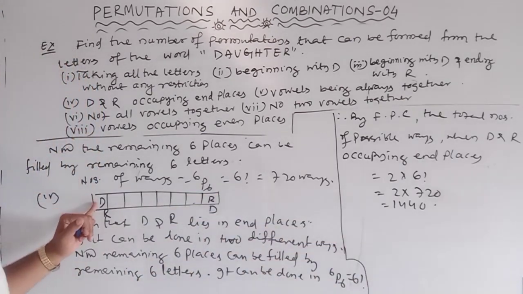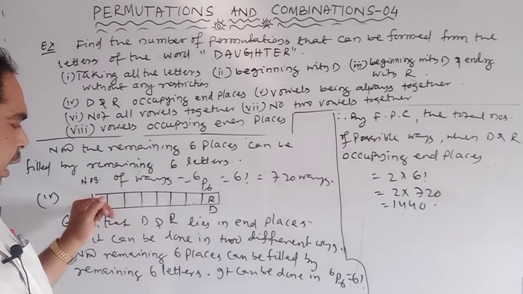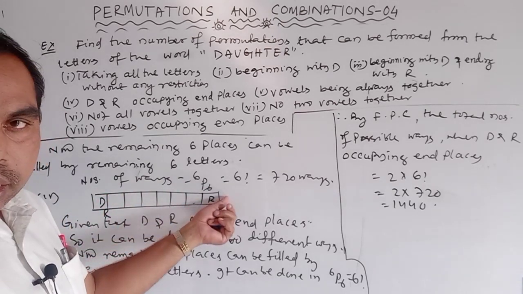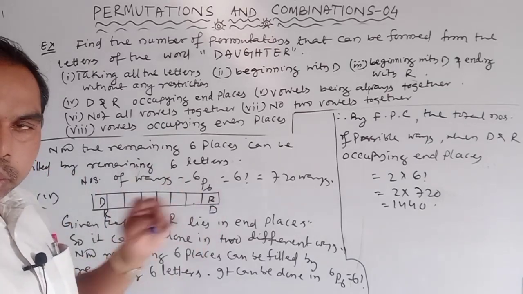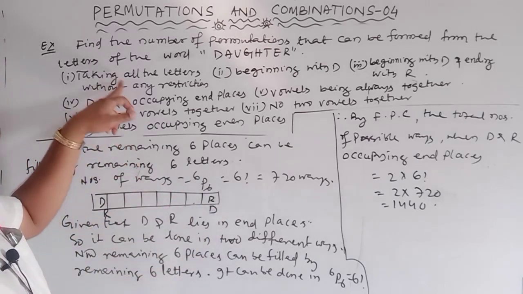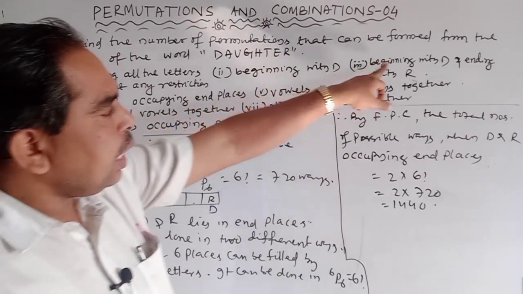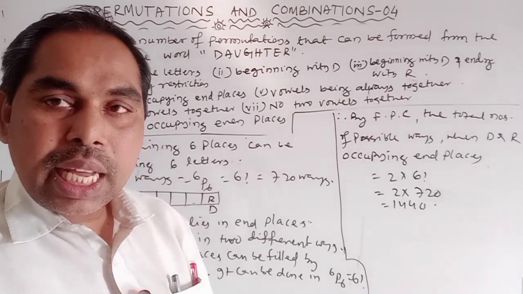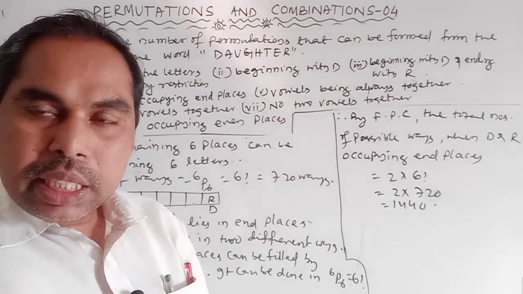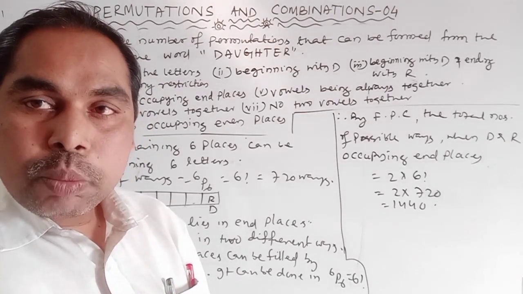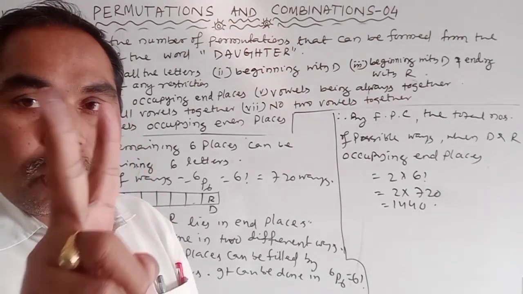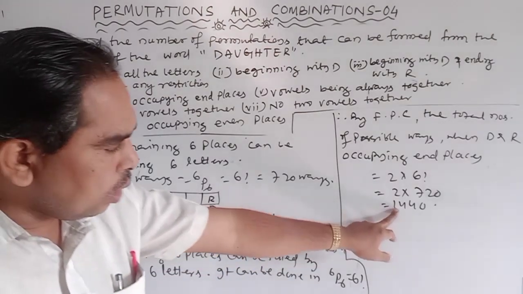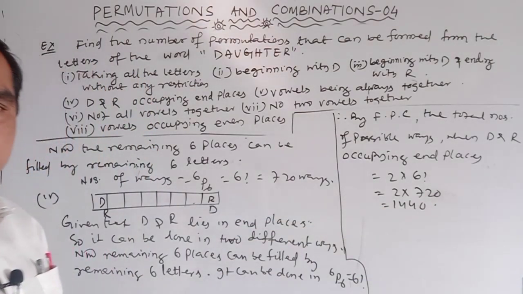Question number 3 was beginning with D and ending with R, which is fixed: D first and R last. But here it can be D first and R last, or R first and D last. So there are 2 cases. Hence the total number of ways is 2 into 720.